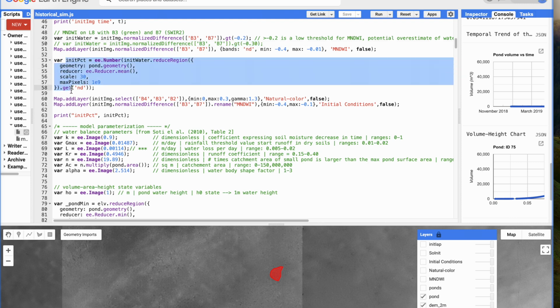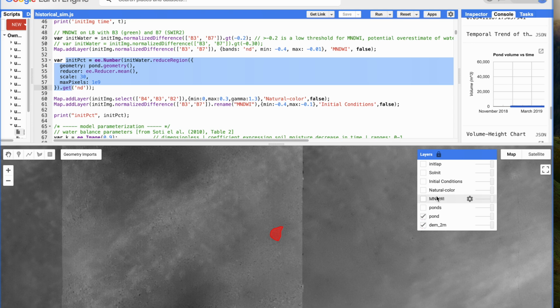And then over here, again, it's using that initial water threshold, which is minus 0.2 in this case, and it's reducing over the entire image, so it's taking the mean and getting those values.